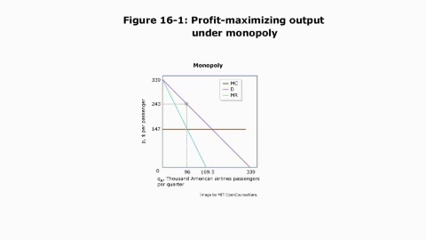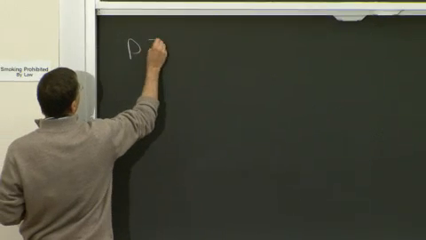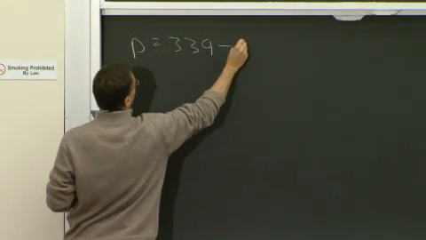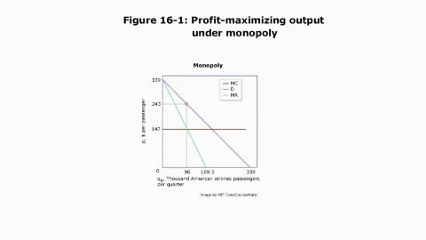Now imagine that the demand curve in this market, in our example, is of the form P equals 339 minus Q. So there are 339,000 flights demanded each month in the whole market.